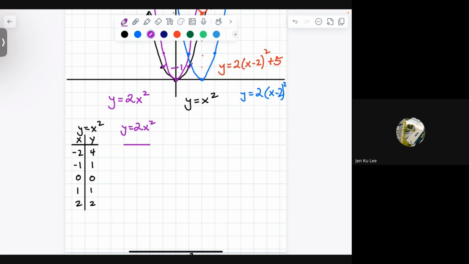Okay, so here, if I vertically stretch it by a factor of 2, that means my y value is going to be multiplied by 2. So all we're doing, we're keeping my x value as is: negative 2, negative 1, 0, 1, 2. And my y value, we're multiplying it by 2.